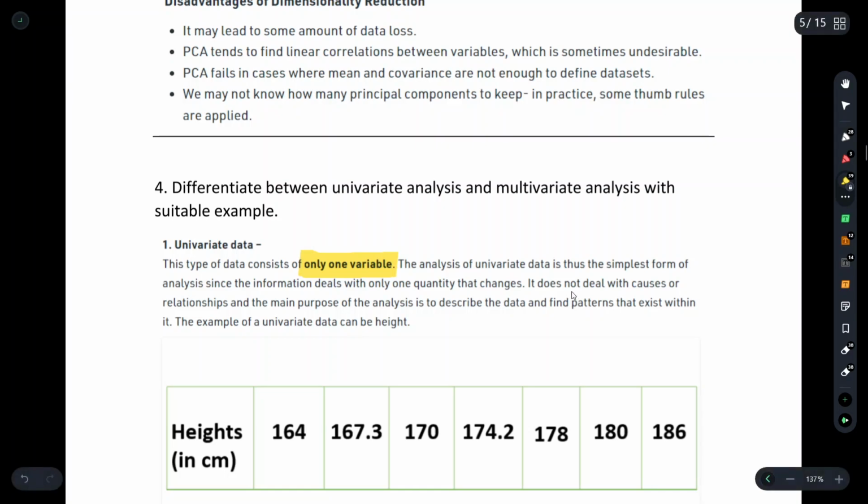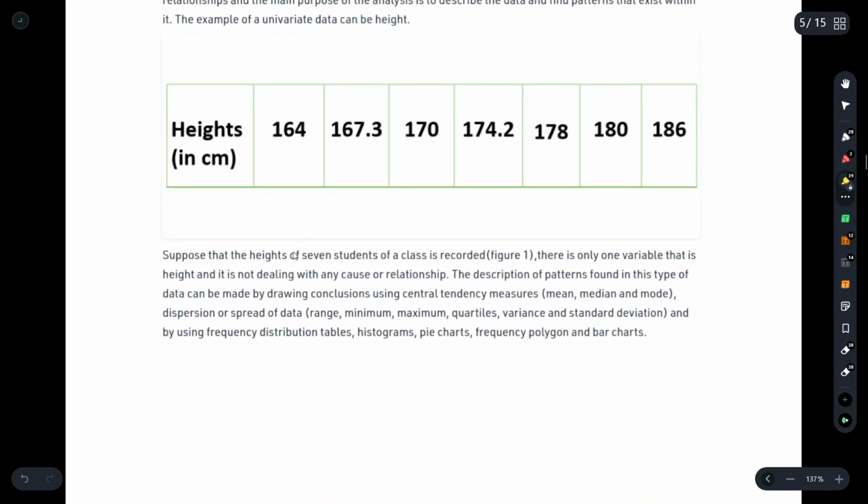It will just do an analysis on a single variable. So that is univariate data. Suppose the heights of 7 students of a class are recorded. It is one variable. Height is only one variable, right? It may differ for 7 students, but it is only regarding one particular subject.